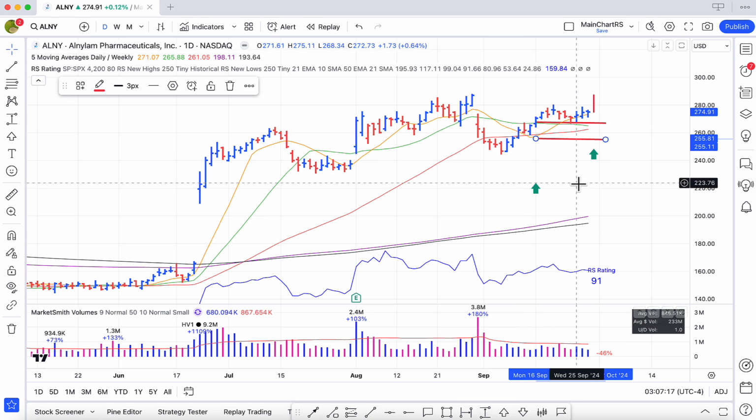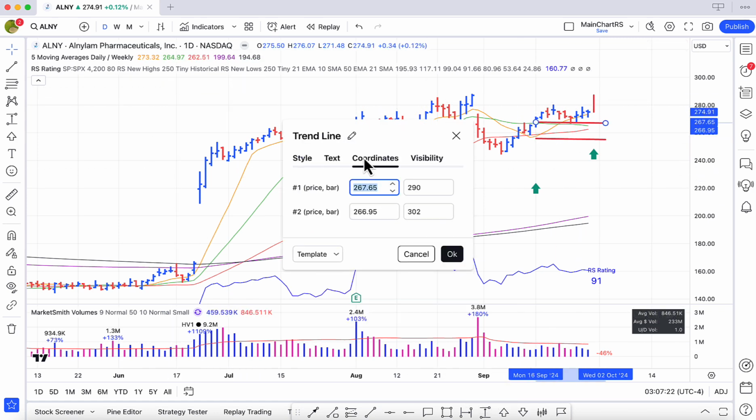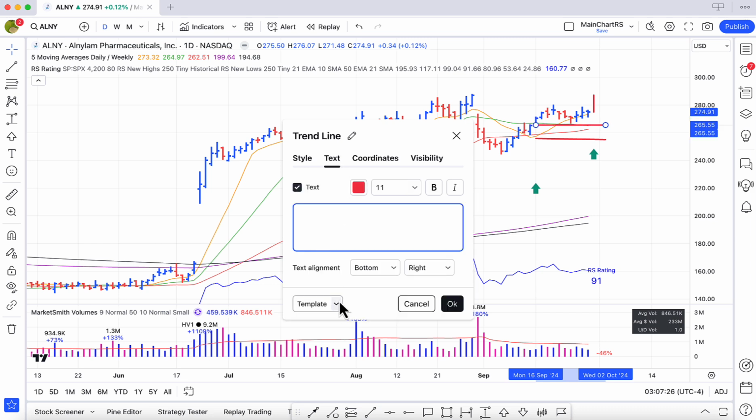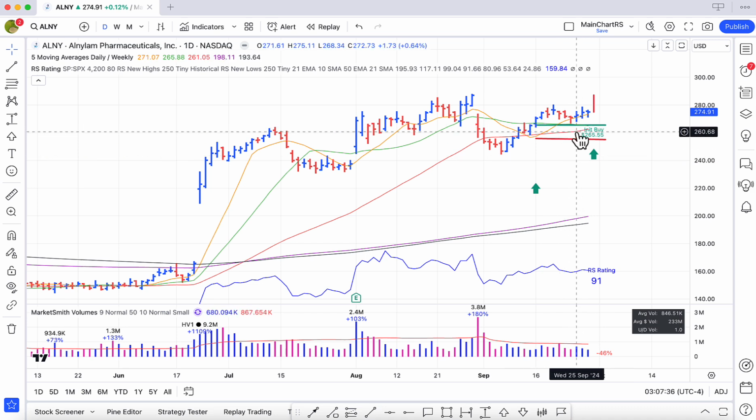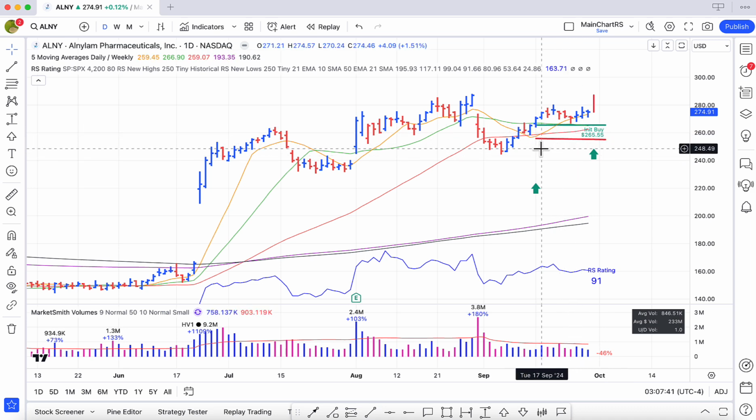In TradingView, I'll go to the settings and put in the actual coordinates exactly where I bought it. And then I have a saved template that I call initial buy line, which makes the line green for me, and I'll put in my price. So now I know that I bought this at 265.55, and I bought it on this day. I'll start the line on the day.